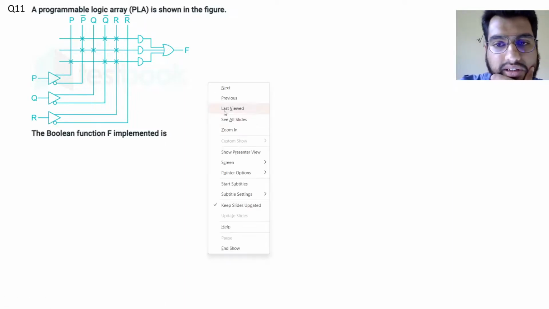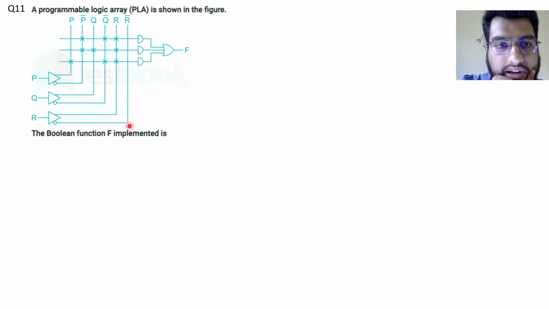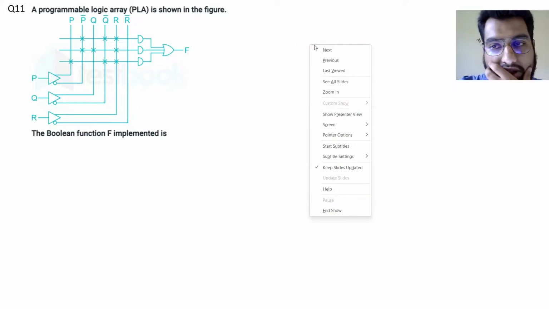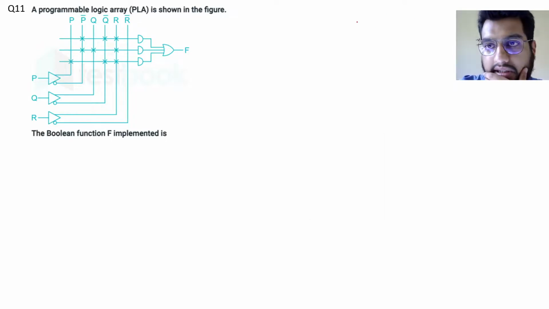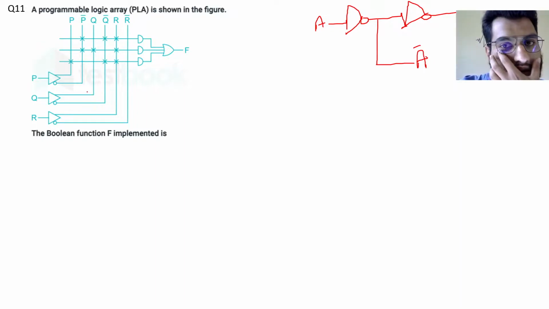What we have here are the inputs P, Q, and R. This is a buffer or NOT gate. Whenever input A goes to the gate and then again goes to a NOT gate, when we take the output from one point it is A complement, and when we take the output from the other it is A. So this is simply a buffer or NOT gate.